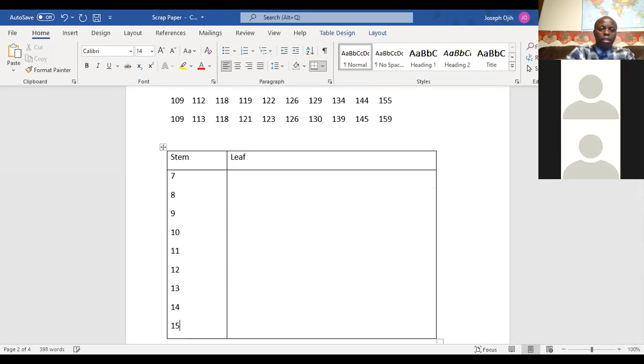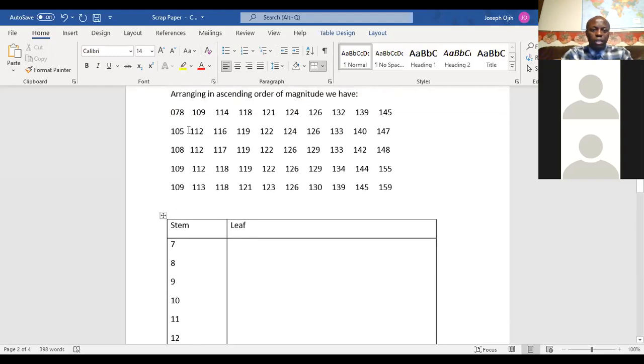Now 7. You see the 7 after the leaf is 8. So you have to put 8 here, that gives 78. Now 8, there's no number for 8. There's no number for 9. But for 10, we have 109, which is 10 and 9. So 10 is the stem and 9 is the leaf. That gives us 109.